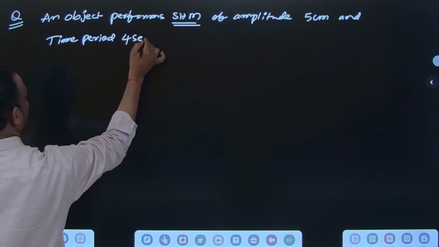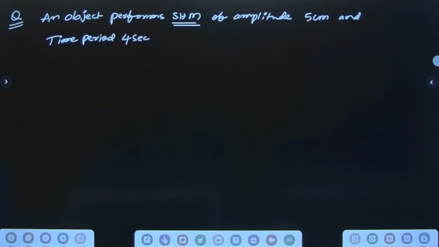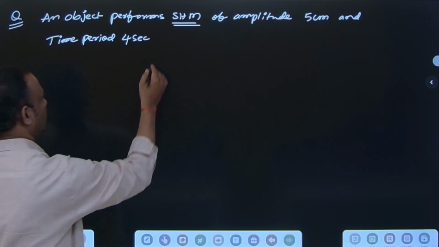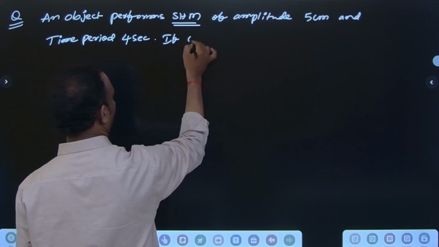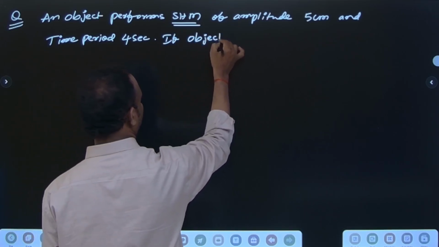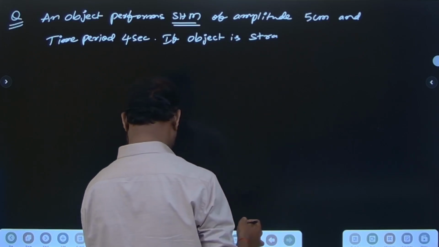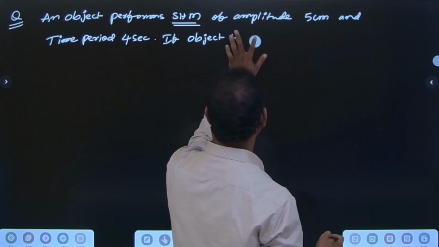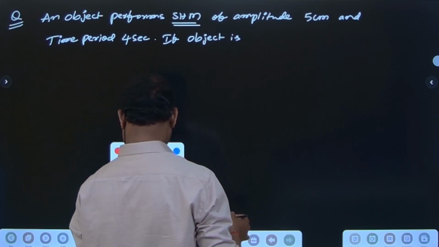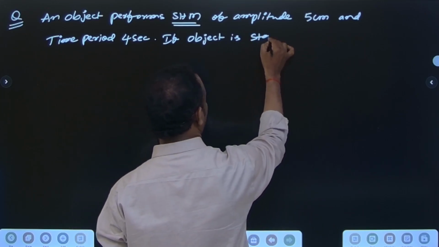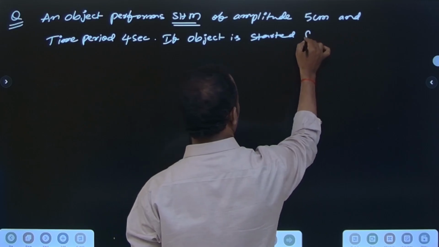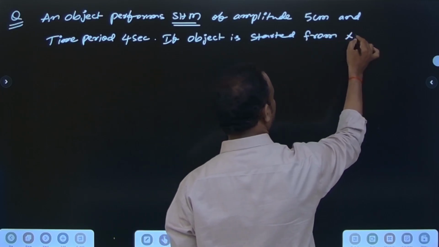If the object is started from x is equals to 0.